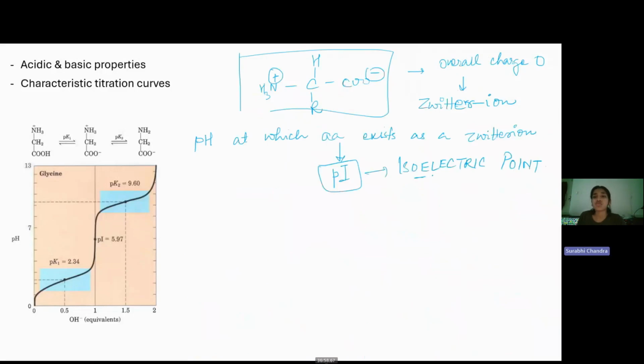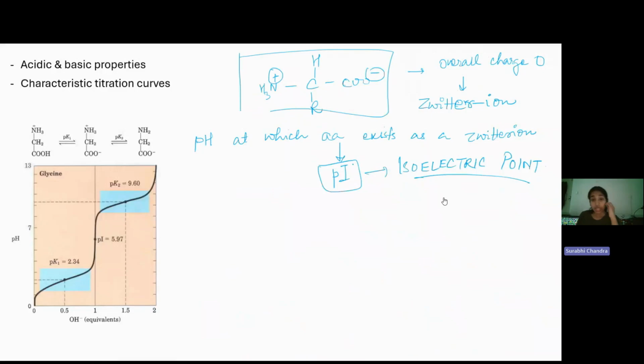Now, in the previous example where we looked at pH 6, it was existing as a neutrally charged molecule, right? Whenever the overall charge on an amino acid is 0, it is called a Zwitter ion. And the pH at which any amino acid exists as a neutrally charged molecule, with an overall charge of 0, is called pI, or the isoelectric point, for that particular amino acid.